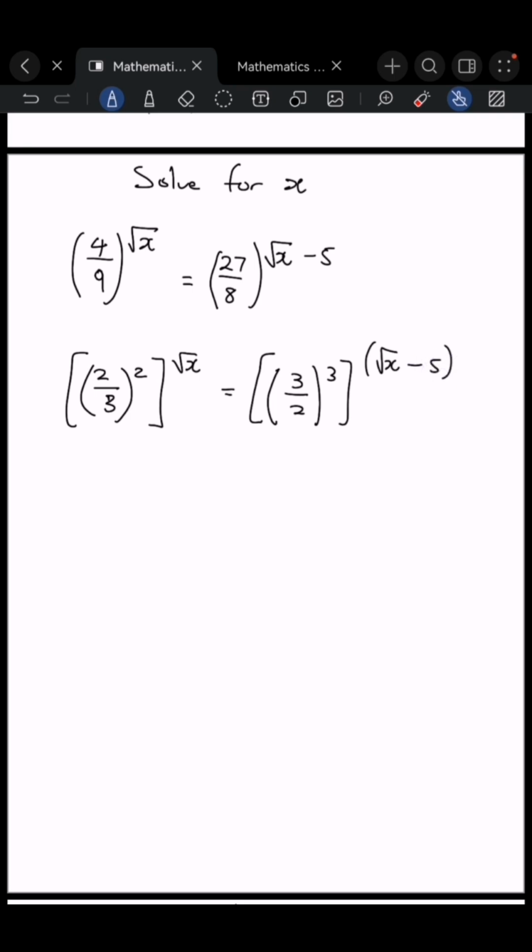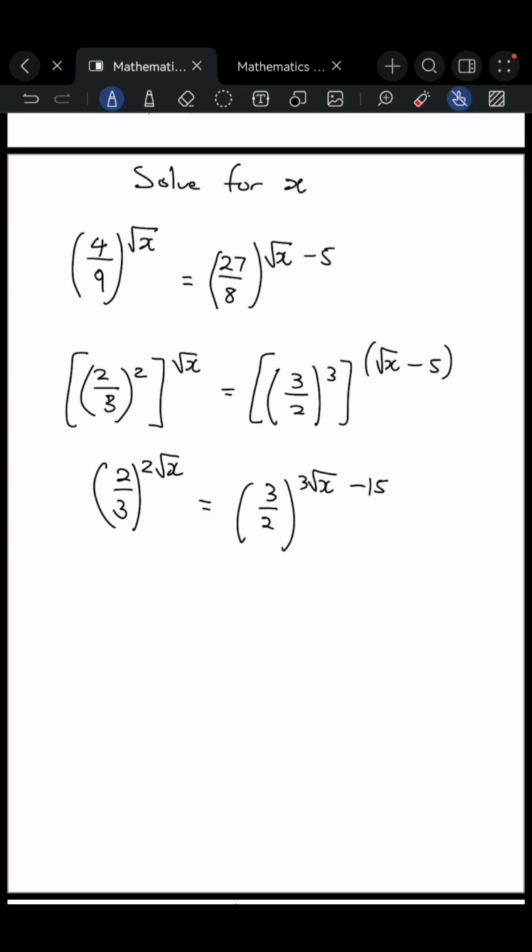Right? We go further. We say 2 over 3, 2 root x is equal to 3 over 2 is equal to 3 root x minus 15.